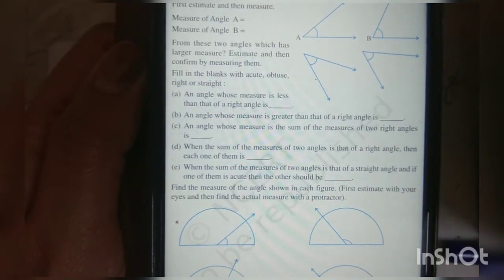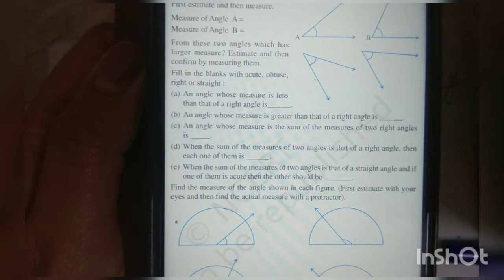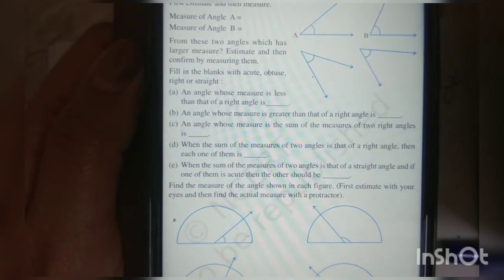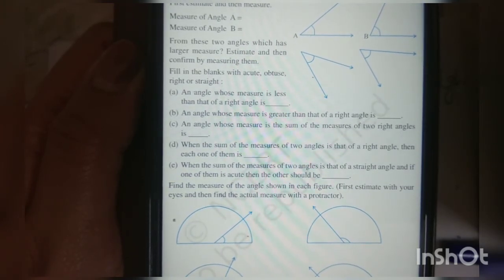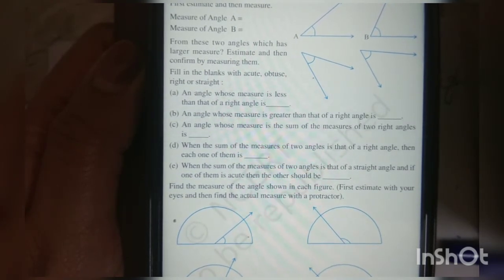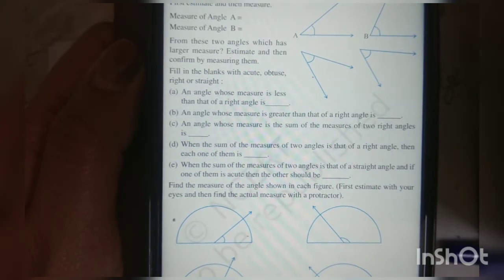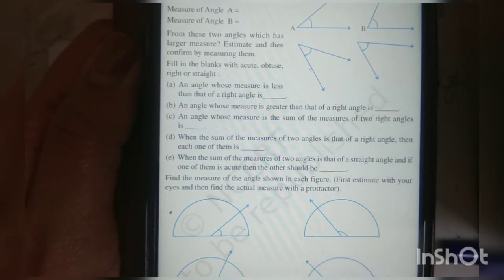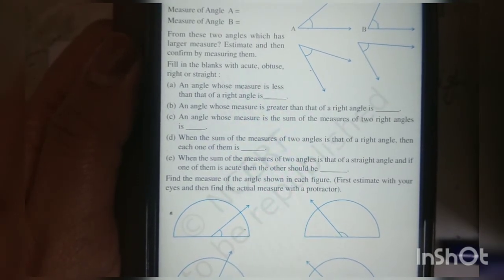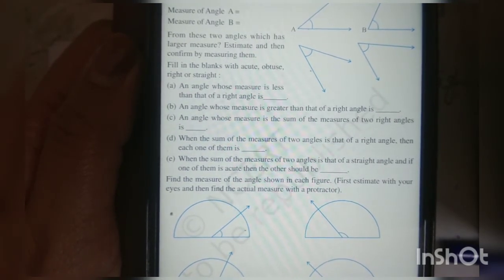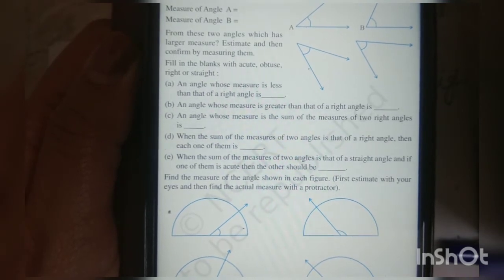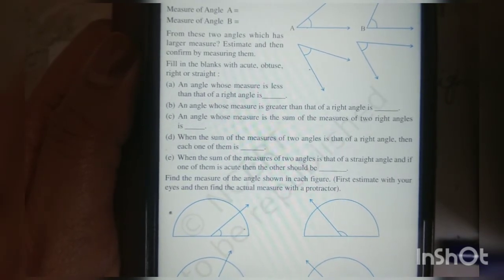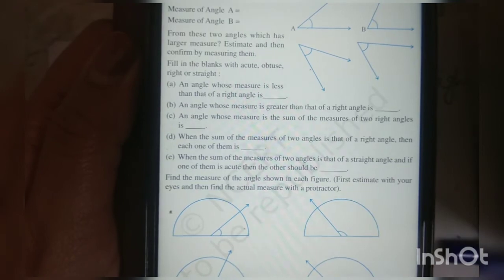Now for question D, when the sum of the measures of two angles is that of a right angle, then each one of them is. If the sum of two angles is 90 degrees, obviously they are less than 90 degrees, so both of them will be acute angles. And question E, when the sum of the measures of two angles is that of a straight angle, and if one of them is acute, then obviously the other will be obtuse.